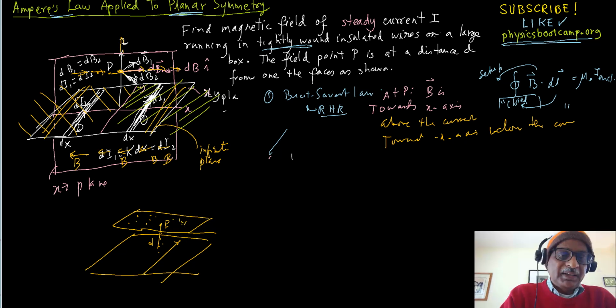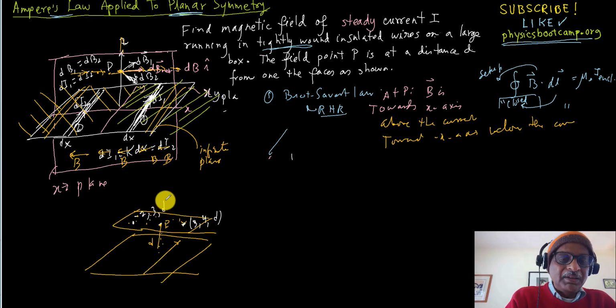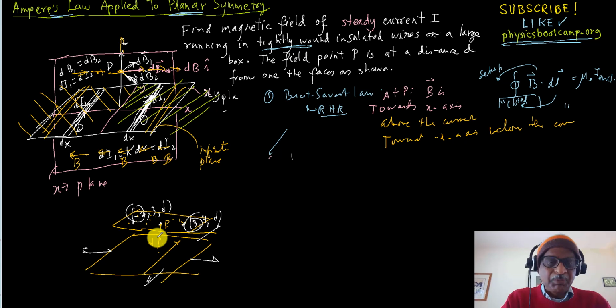Now this point will have x equal to 3, y equal to 4 and z equal to d, and this point may have minus 2 and 3 and maybe d. Because this is going to infinity in each direction, they're indistinguishable from the perspective of this symmetry. That's why we call it planar symmetry, because we have infinite extent.